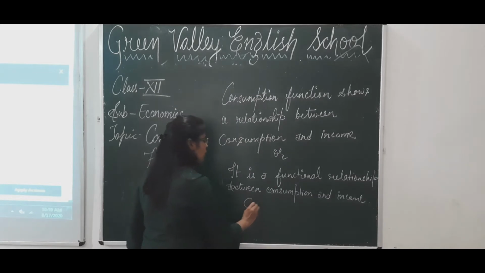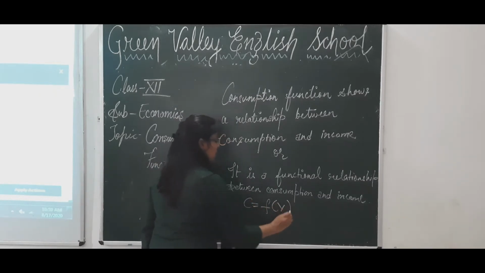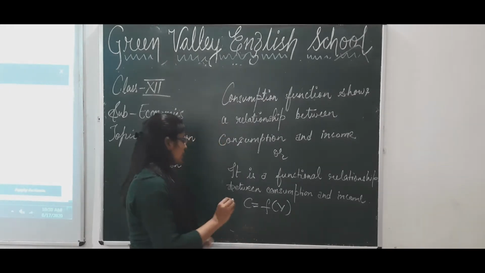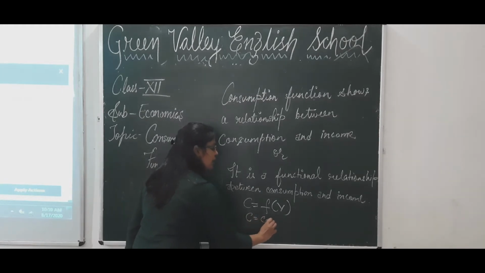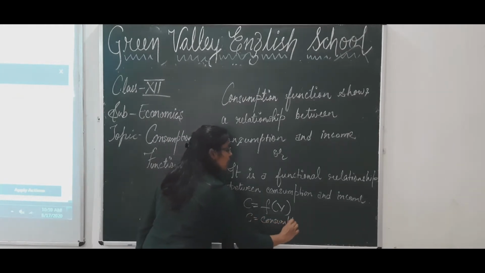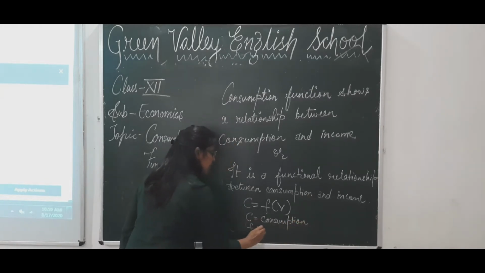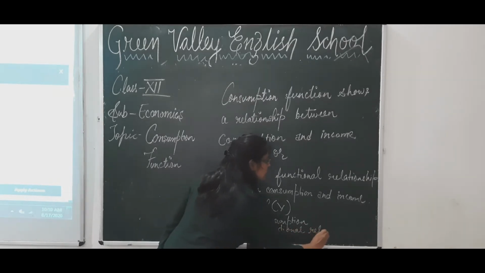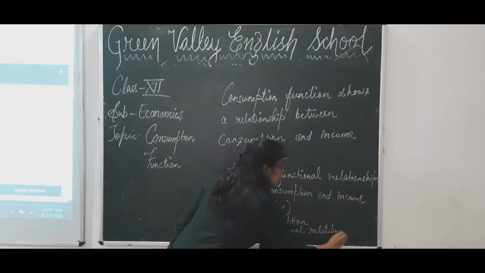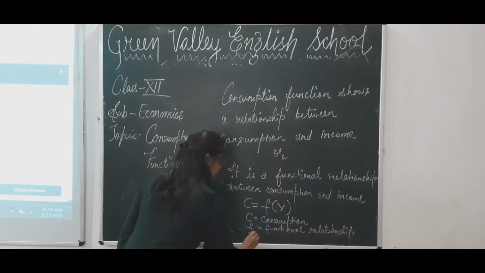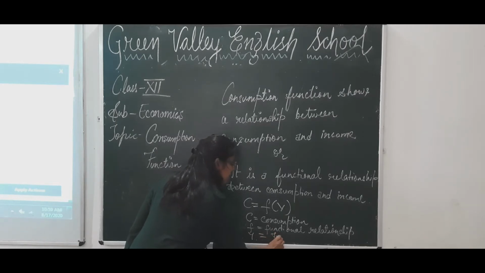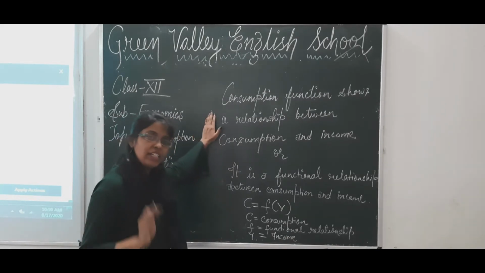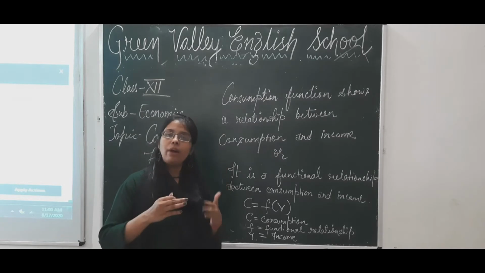So C is equal to f(Y), where C is consumption, f is the functional relationship, and Y denotes income.